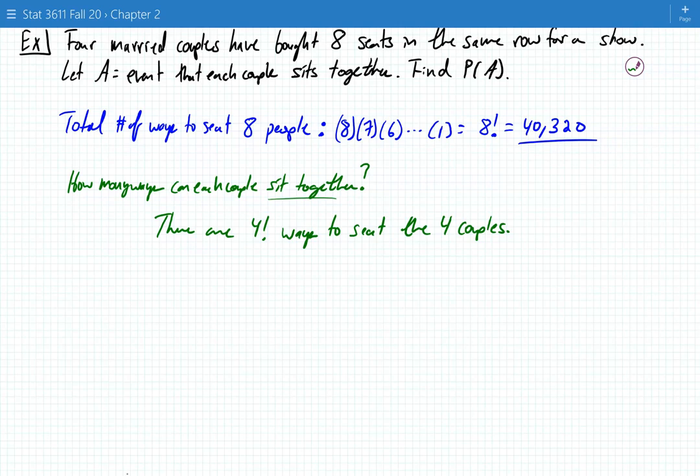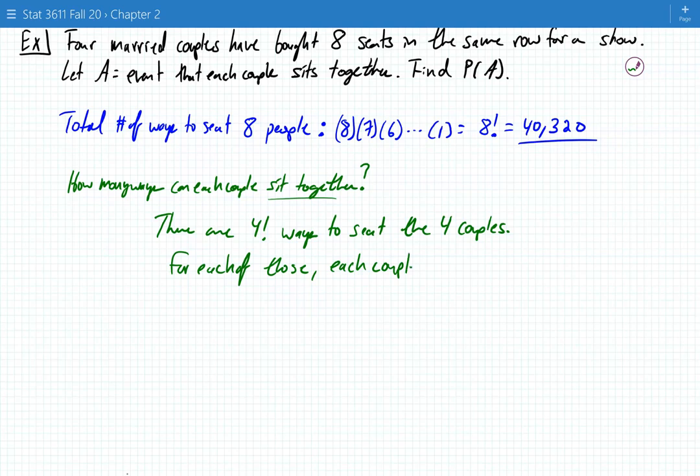Now, for each of those arrangements, look at the individual couple itself, right? Each couple can be arranged in 2 ways. If they're husband and wife or whatever, it could be husband-wife or wife-husband. Person 1 and person 2, or person 2 and person 1.